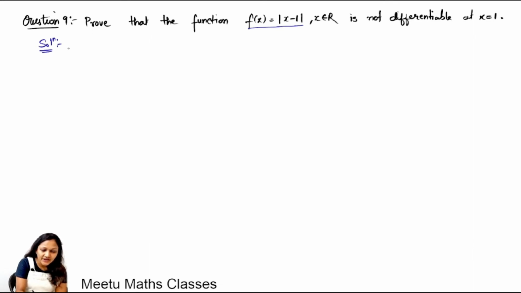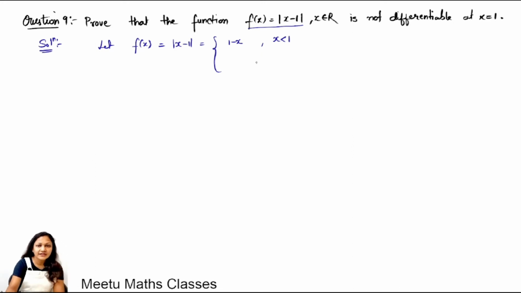Let our function f(x) be equal to modulus of x minus 1, and it is defined as follows. To the left of 1, the function is defined as negative of this, 1 minus x. At x equals 1, your function is defined as 0, and to the right of 1 your function is positive, so it will give you x minus 1.